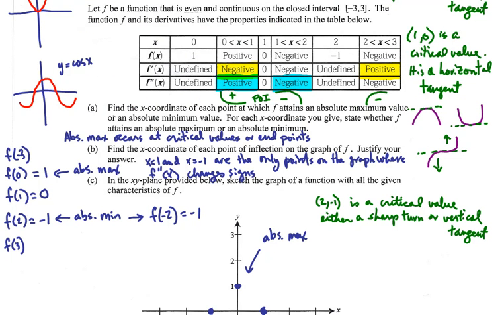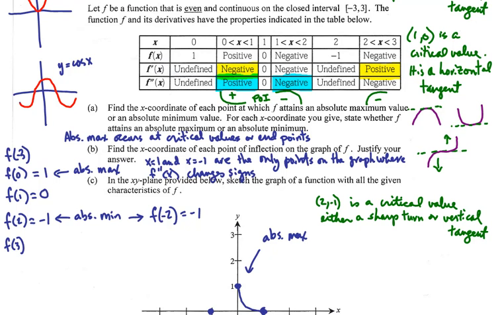Recall my notation: between 0 and 1, the function is positive, decreasing, and concave up. And there is a horizontal tangent at x equals 1, y equals 0. So I make that curve segment decreasing, concave up, and coming in for a smooth landing for a horizontal tangent at x equals 1 and y equals 0.